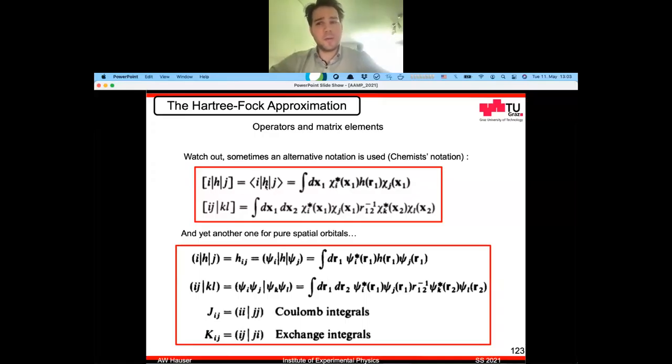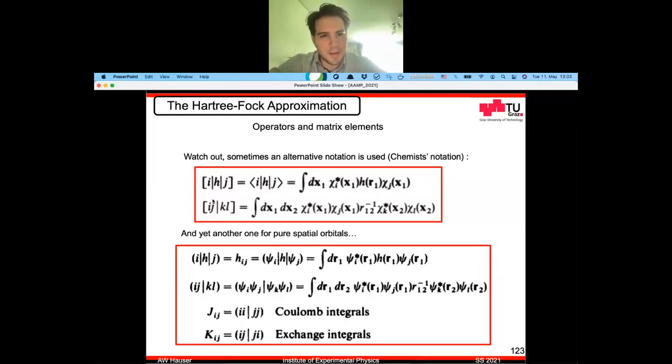This is identical to our Dirac notation before. But for the two-electron integrals, it is different, because in the chemist's notation, with the square brackets, you have the electrons that belong together grouped together. So this would be the integral over ij, and this would be the integral over the second electron in orbitals kl. Okay, so note the difference.